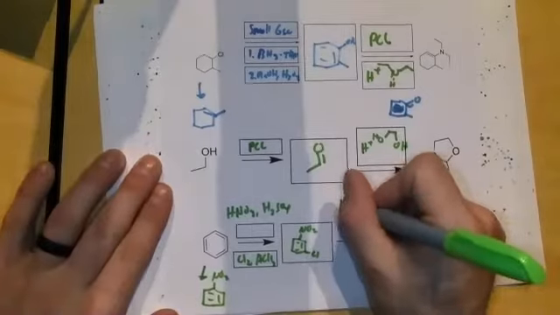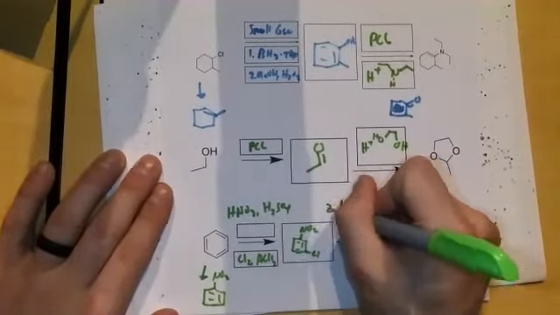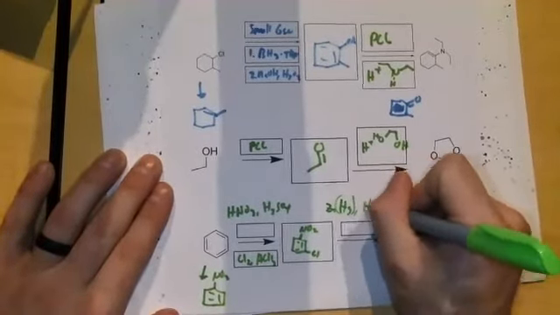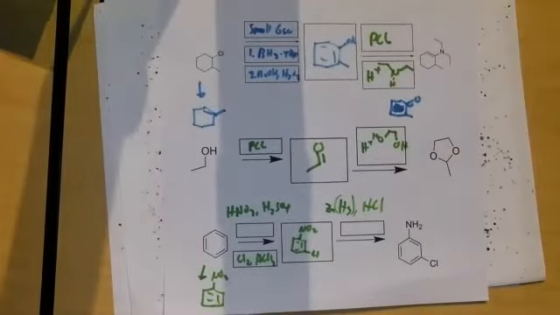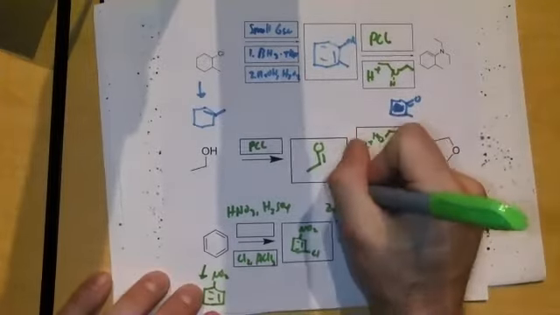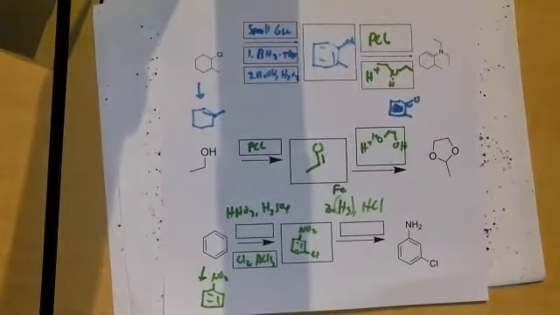So zinc, mercury, HCl will let us reduce this down to an amine. Oh yeah, someone asked in the chat if you could also do iron HCl. Yeah, that also works.